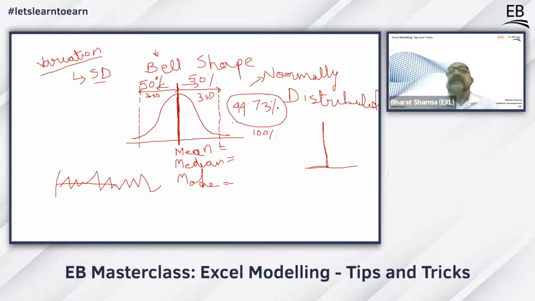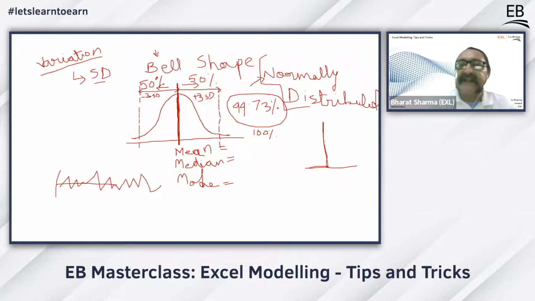Now, what is important, what we are learning to understand when it comes to data models, is that if my data is normally distributed, then I know that all my data set will always lie between plus minus 3 standard deviations from the mean, because I'm not challenging what Carl Gauss studied and gave us as the normality theorem, or normally distributed data.